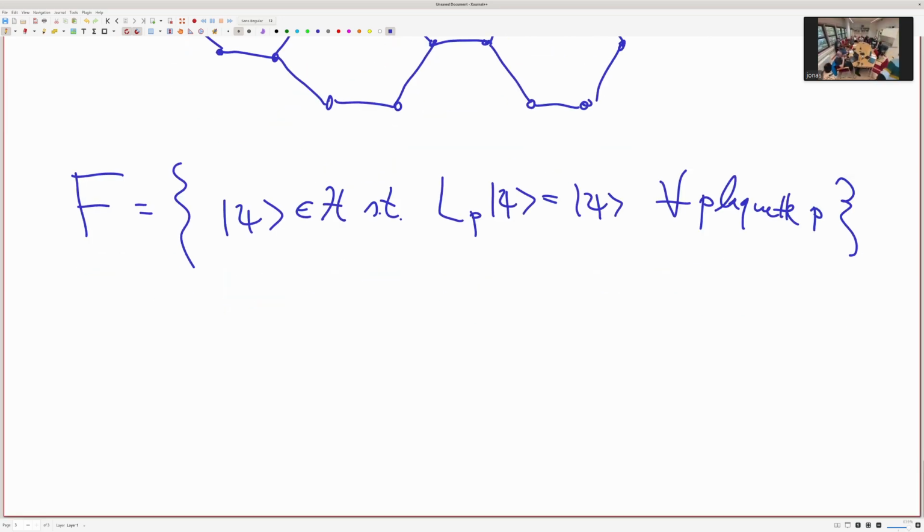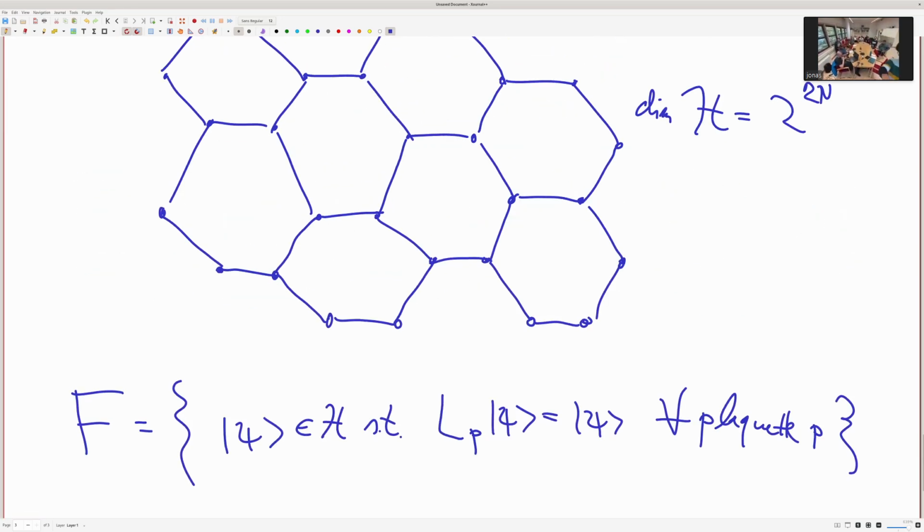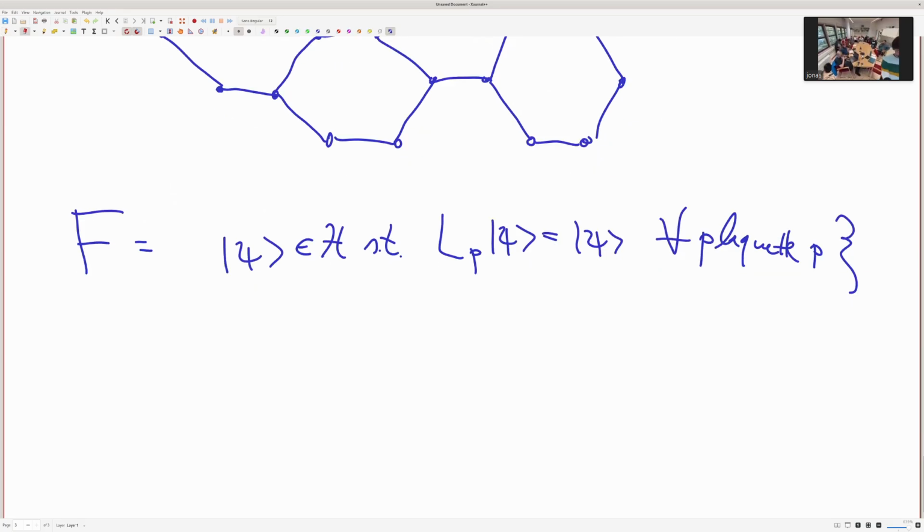The graph has many plaquettes, and for every plaquette I define an operator L, in the following way. Basically, I'm acting with some operators on the vertices of a given plaquette in this way.